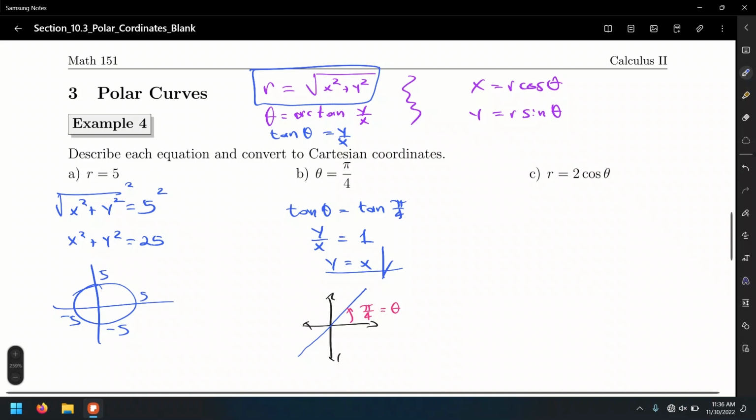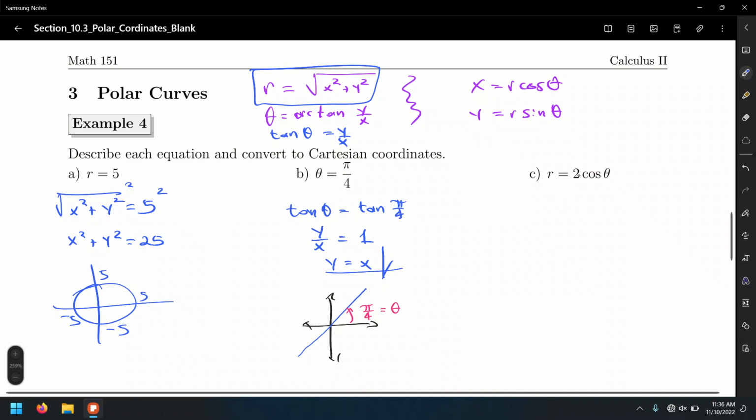The next one might be a little tricky as well, because what do we have over here? We have r equals 2 cosine theta. Here is where we will connect the trigonometric functions sine and cosine with the formulas r cosine theta and r sine theta. However, we notice that we are missing something that lets us relate these formulas.